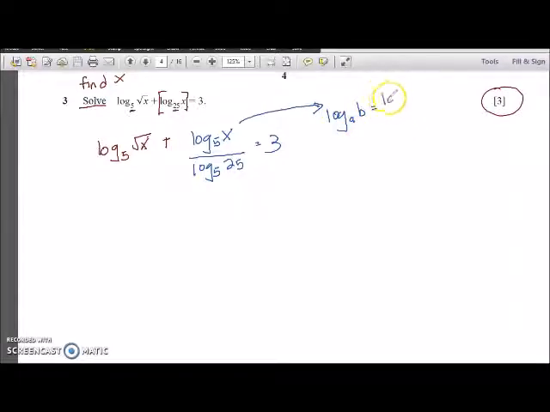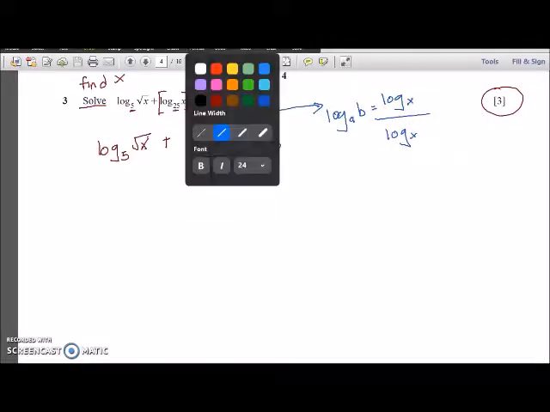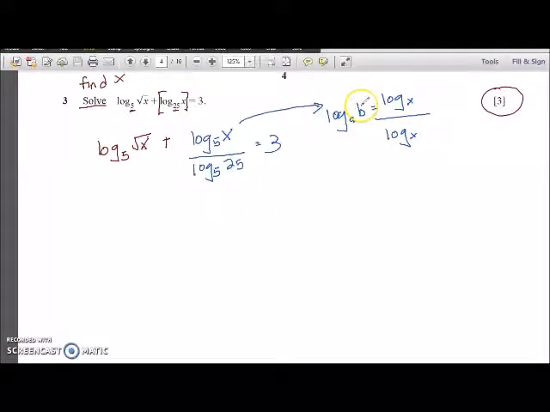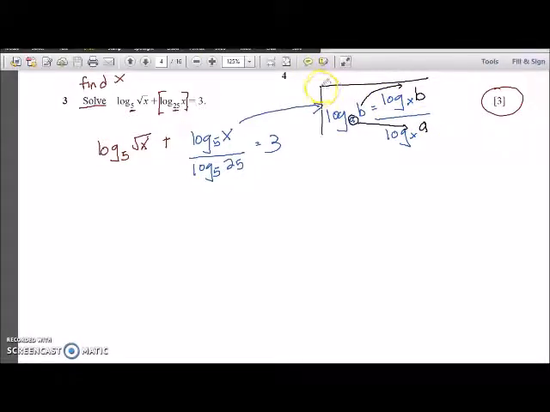If we change to the new base, it will become log x here, and you could see this b will move to the first one, and the base of log a will move to the second one. So this is the formula that I used to change the base over here.